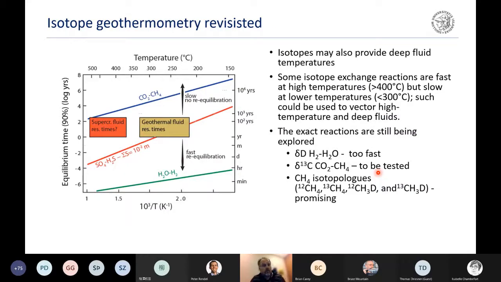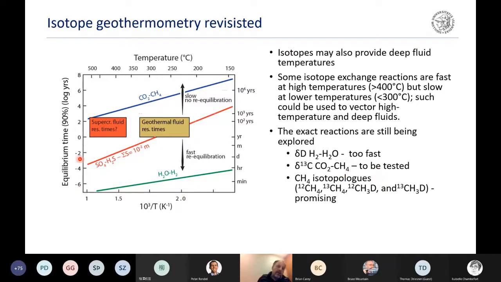Okay, so let's go to the isotopes. Some isotope exchange reactions are fast at high temperatures and slow at low temperatures, like I mentioned before. And we can maybe use those to vector high temperature and deep fluids. Here I've shown you some examples.